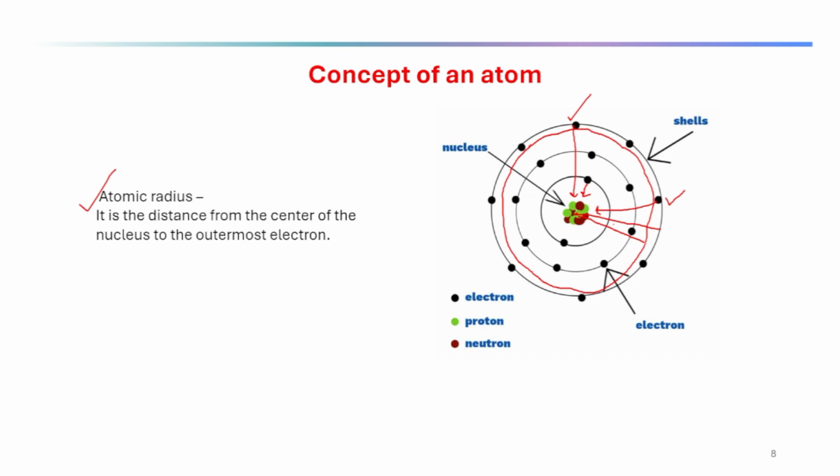Now, if you add one more shell, if you add a fourth shell, the fourth shell will come this way. So if you add more and more shells, then the atomic radius of the atom will increase compared to the atoms which have a lesser number of shells. Okay. So these things we are going to observe in the later slides.